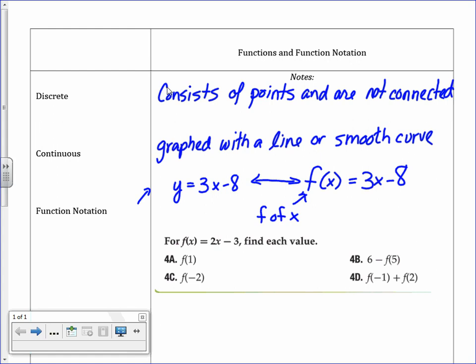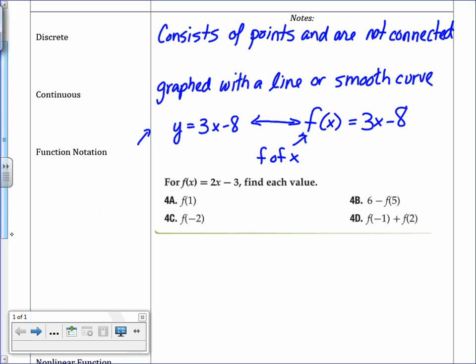So what that means is, if we have, for instance, the function f of x equals 2x minus 3, and then it says find each value, f of 1. What that's saying is f of 1, we have f of x is 2x minus 3.